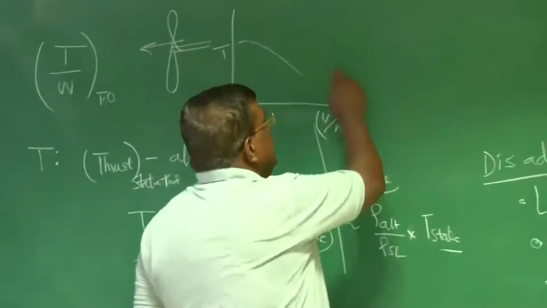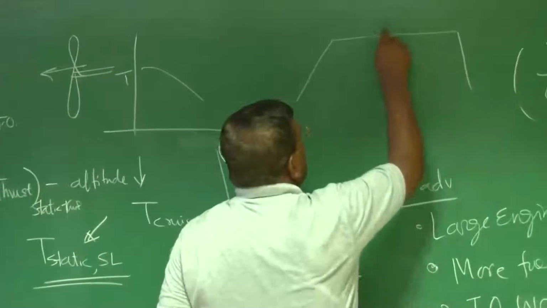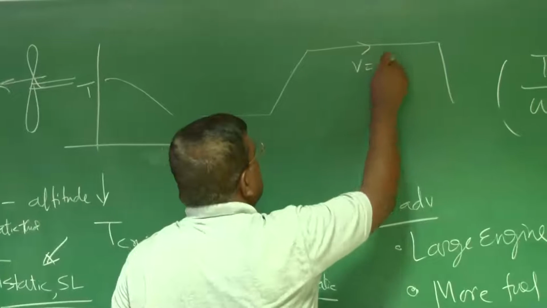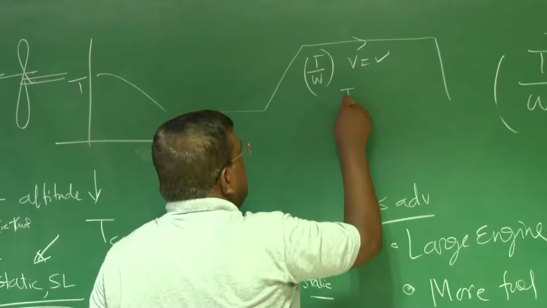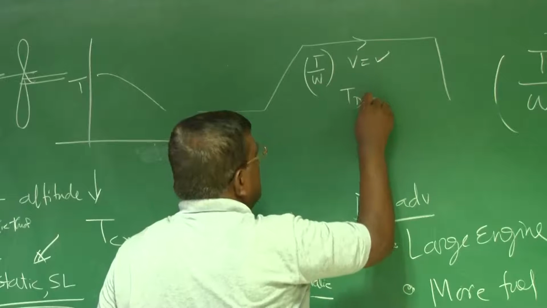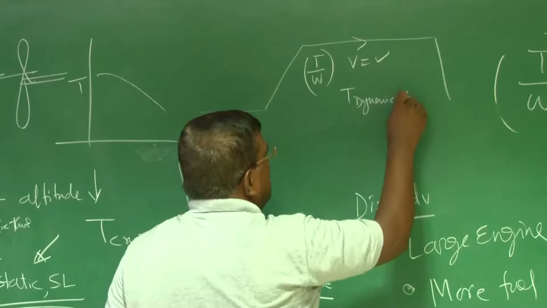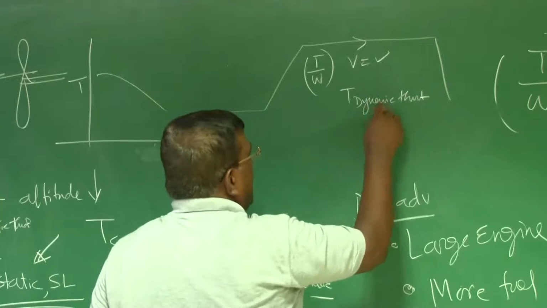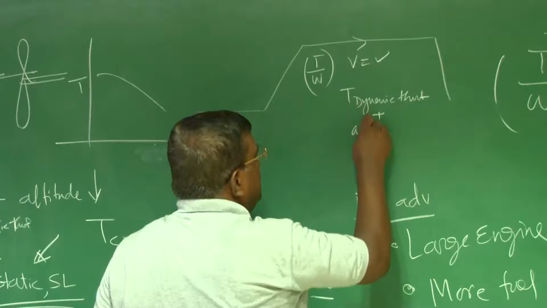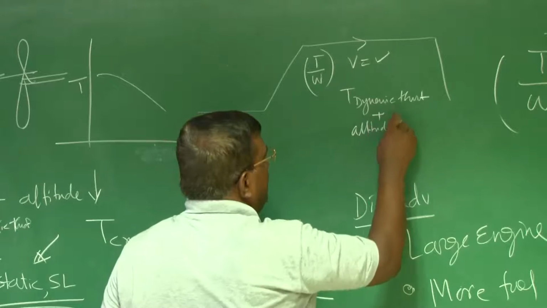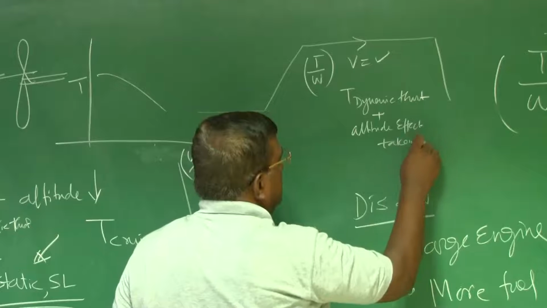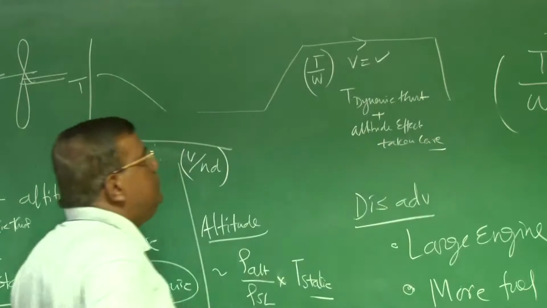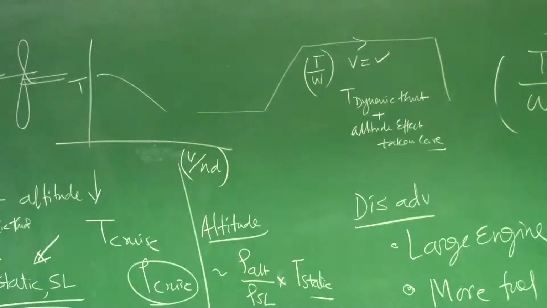That is, if I am talking about cruise and moving with some speed, and I talk about T by W here, the T should be the dynamic thrust, plus the altitude effect taken here. Right? This is extremely important.